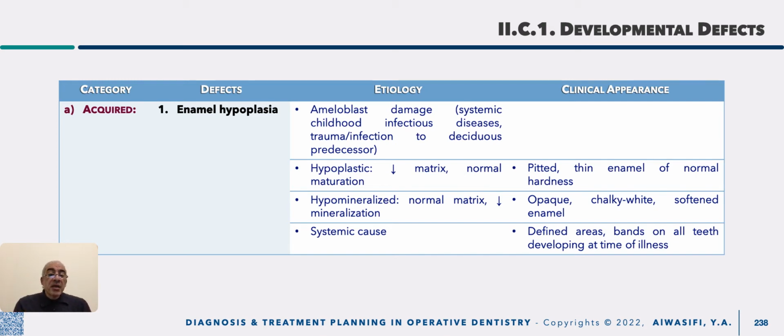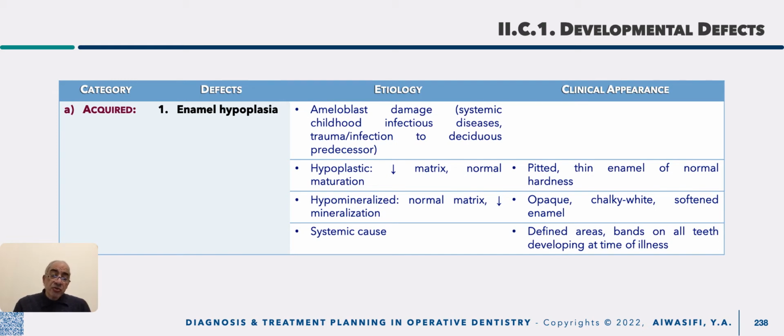It is either in the form of hypoplastic enamel, which means there is a deficiency in enamel matrix but normal maturation and normal mineralization, or maybe in the form of hypomineralization.